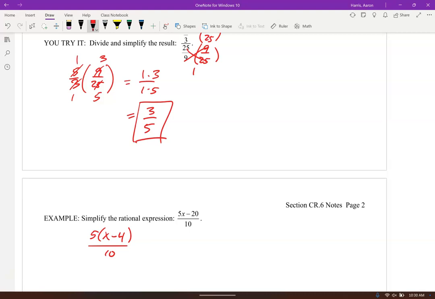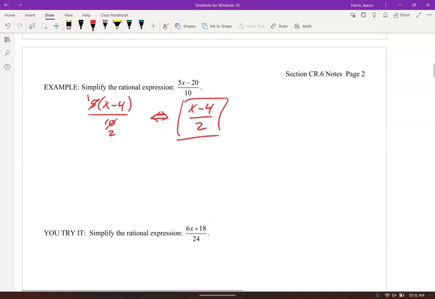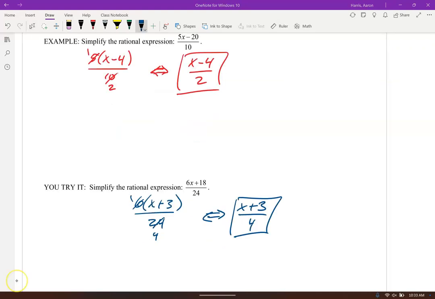And now we've just got the 5 over 10. Well, 5 over 10 is 1/2. So we got 1 times x minus 4, which is just x minus 4 all over 2, right? Same as x minus 4 all over 2. All right, why don't you guys go ahead and try that one right there.